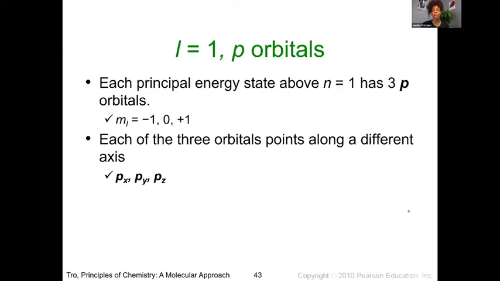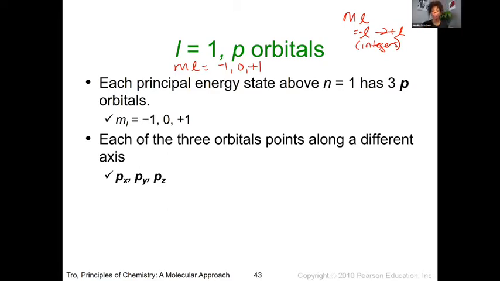Your mL value is equal to negative L values up to positive L values, and you would list these as integers. So whatever L you define, let's say L is equal to 1, that means my mL values could be -1, 0, and +1.